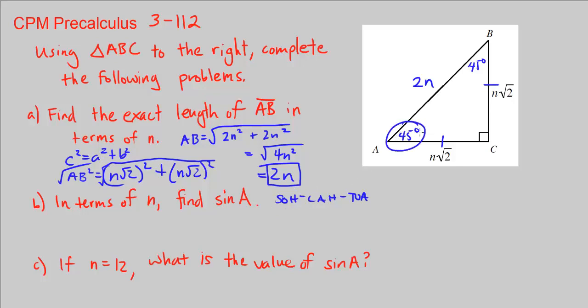So sine of angle A is opposite side, so remember the opposite side is where it opens up to this side. So sine of A is equal to this side here, n square root of 2, divided by h, which is the hypotenuse, 2n. Simplify this, the n's go away, you get square root of 2 over 2.